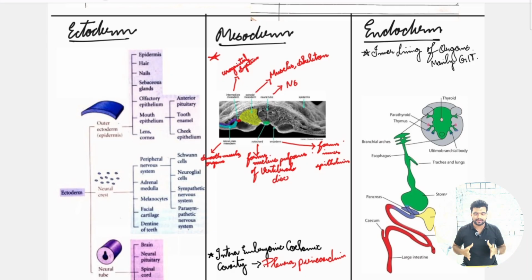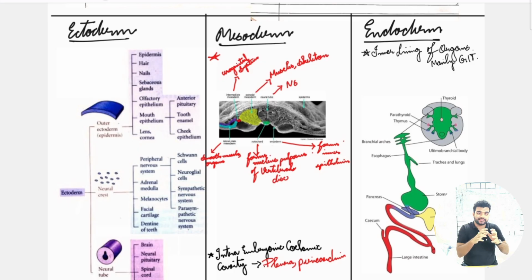Mesoderm is middle. Okay, all the muscles, all the organs, each and everything that will be inside will be formed by mesoderm.